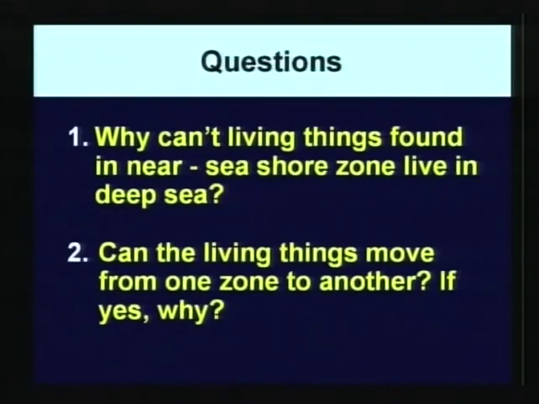Next, second question. Can the living things move from one zone to another? If yes, why? I'll leave it with you for your homework, to think about it and answer in your next lesson. Can living things move from one zone to another?